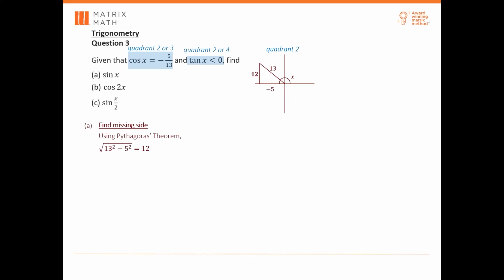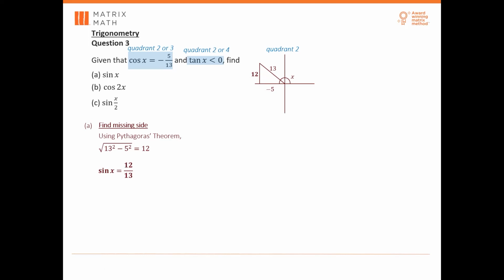So therefore, the 12 there has to be positive. Once you establish which numbers are negative and which are positive, everything becomes easy. So what is sine x? Just read it off. It is opposite over hypotenuse. Positive 12 over positive 13. Done.